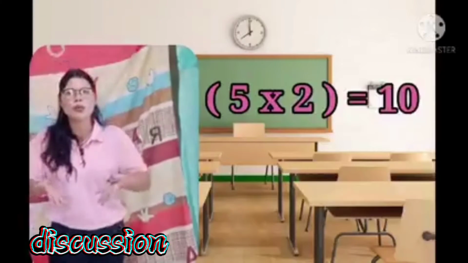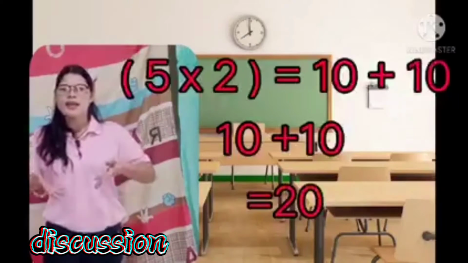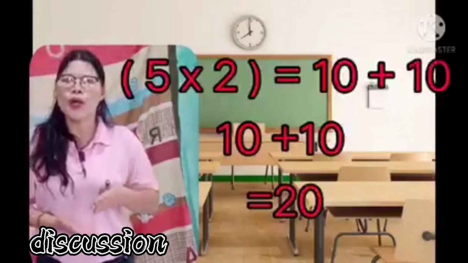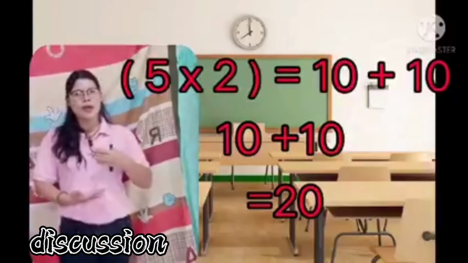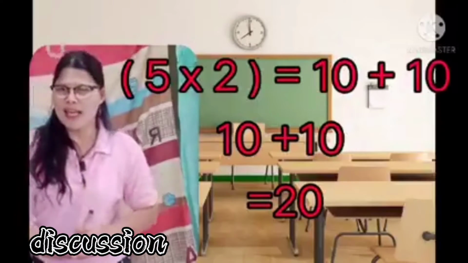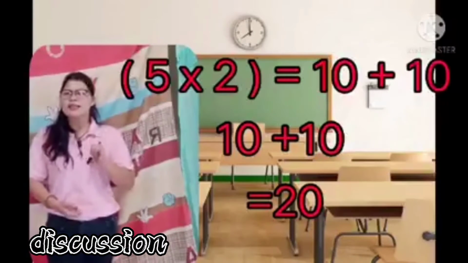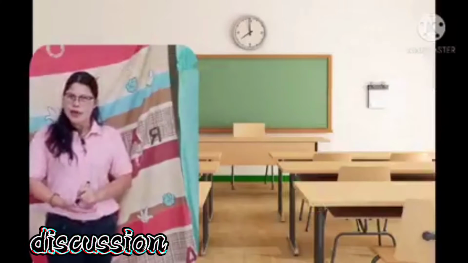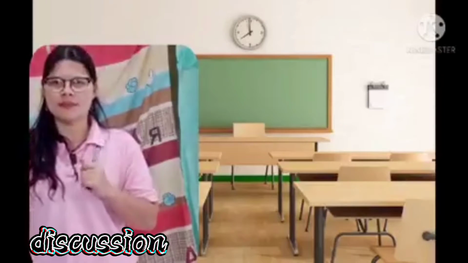Then bring down 10, remove the parentheses because 10 is the only number, and bring down also the remaining number. So 10 plus 10 equals 20. That is how to solve the given number sentence.